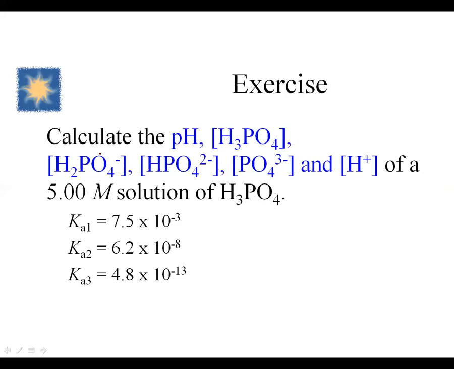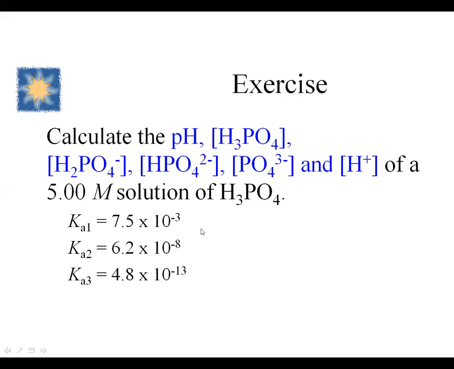So let's take a look at what's happening here in this problem. Essentially, we want to find everybody that's happening. Here, again, these Ka1, Ka2, Ka3 are related to those three equations that I wrote on the other slide.